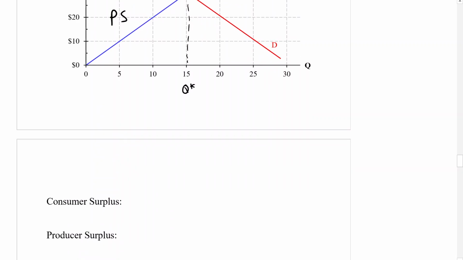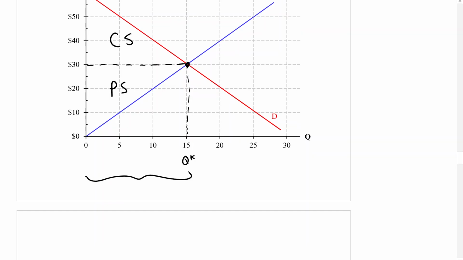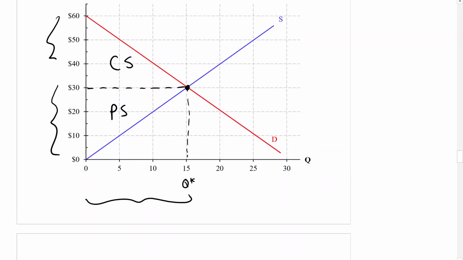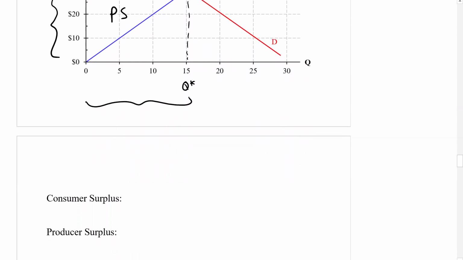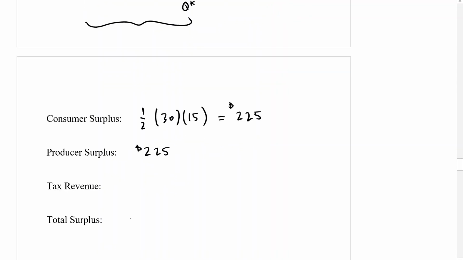The way we calculate those is base times height for our triangles. Both of these triangles are 30 by 15 triangles, so we have half of 30 by 15, which is 225 each for consumer and producer surplus, a total of 550. In this case, there are no taxes, so there is no tax revenue.